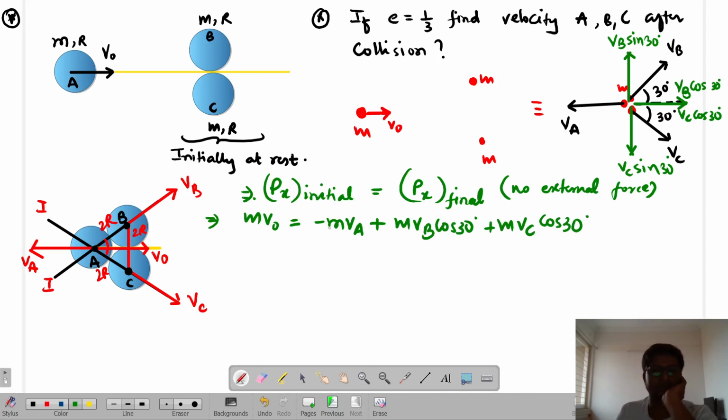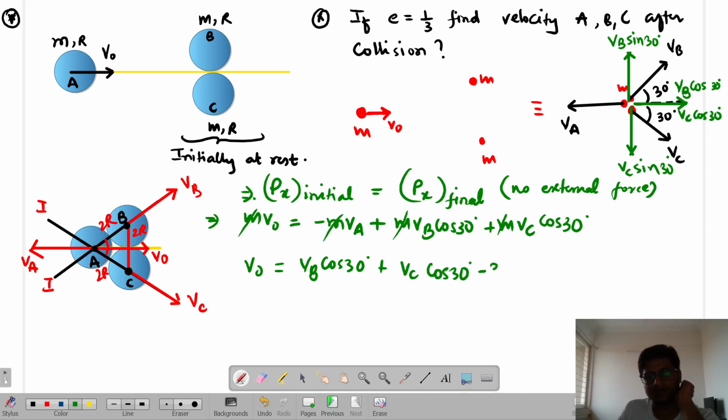Is that clear? m got cancelled, and v naught is equal to v_B cos 30 plus v_C cos 30 minus v_A. This is your first equation.